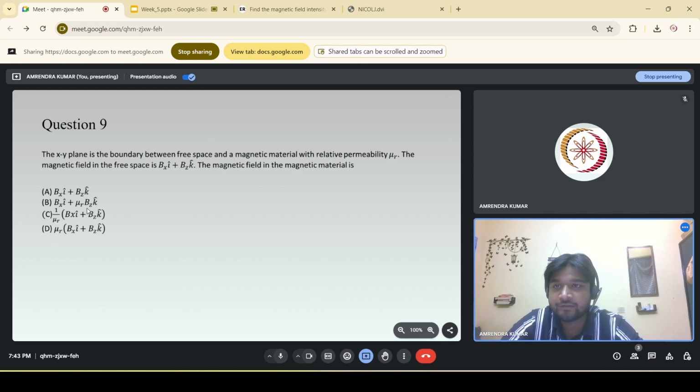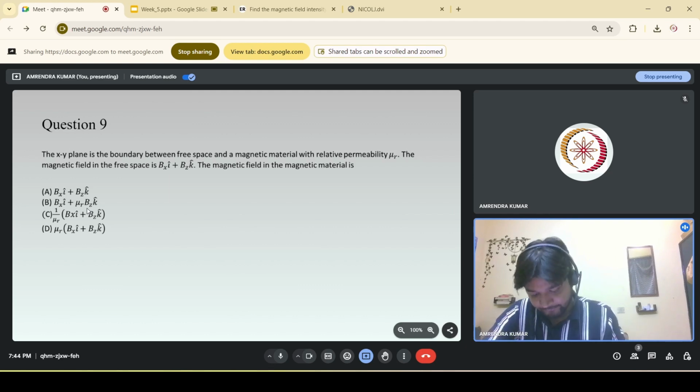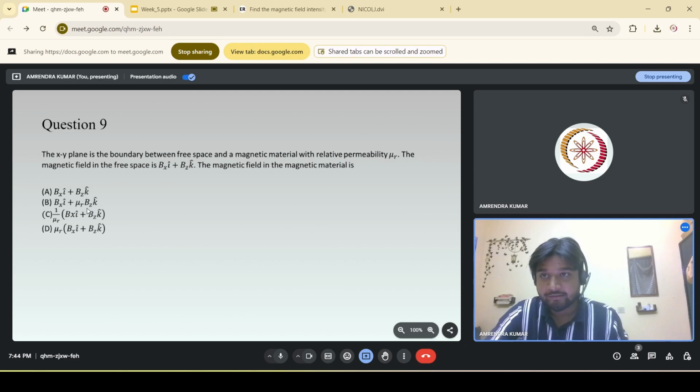So there is a question on the XY plane boundary between free space and a magnetic material of relative permeability mu r. The magnetic field in the free space is given like this, and the magnetic field in the magnetic material is like this.